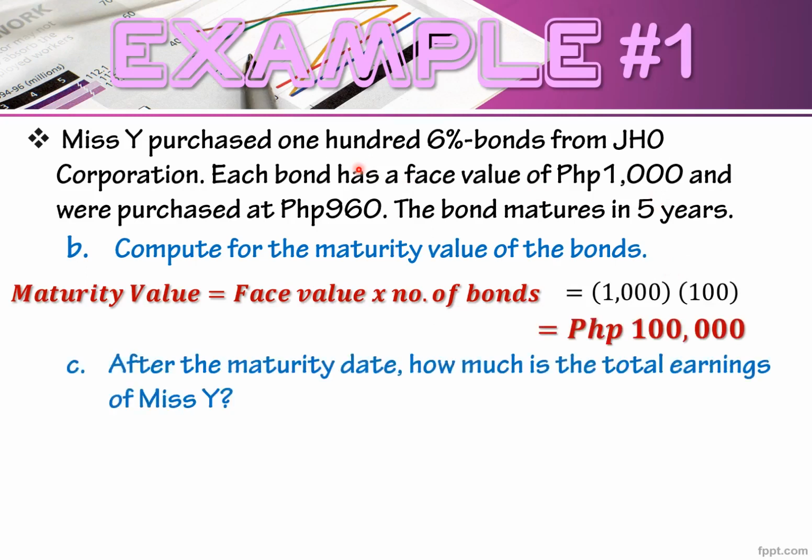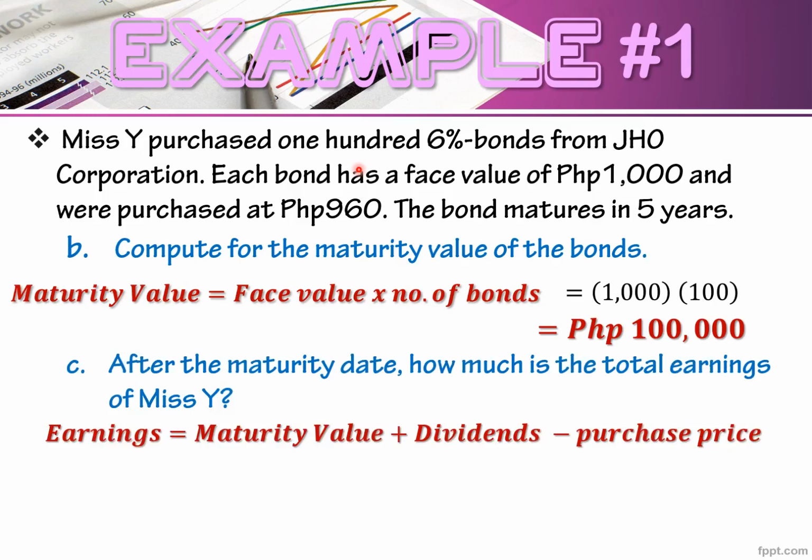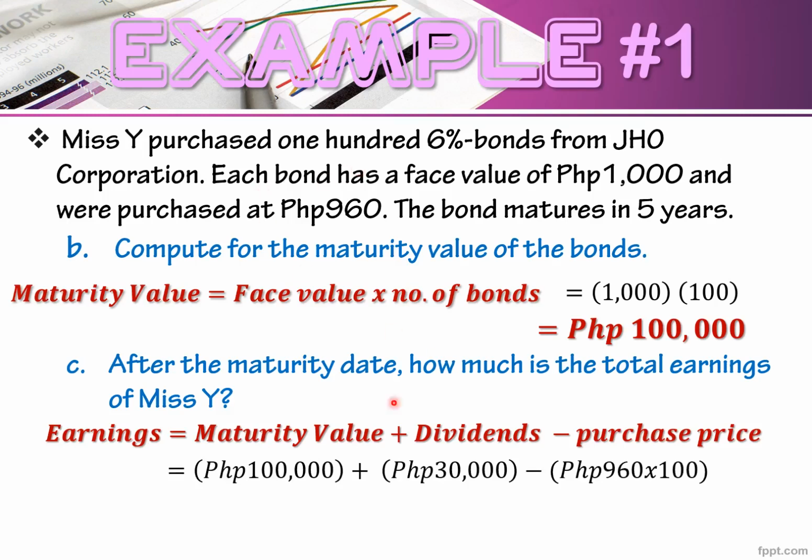For letter C, after the maturity date, how much is the total earnings of Miss Y? So the earnings is equal to the maturity value plus the dividends minus the purchase price. So the maturity value is 100,000 and the annual dividends that we have computed earlier is 6,000. Semi-annual is 3,000. So for the 6,000 annual interest that will accrue for 5 years, the total will be 30,000.